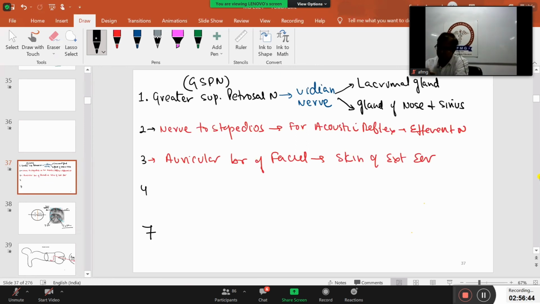So these are 2 categories of glands that are supplied by this first branch of the facial. You have to know this name, vidian nerve. It's a very important name. You must know it is formed by the facial nerve branch called greater superficial petrosal nerve. What is supplied? Lacrimal gland and glands of nose and sinus.